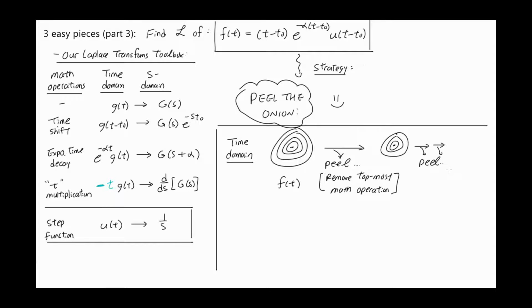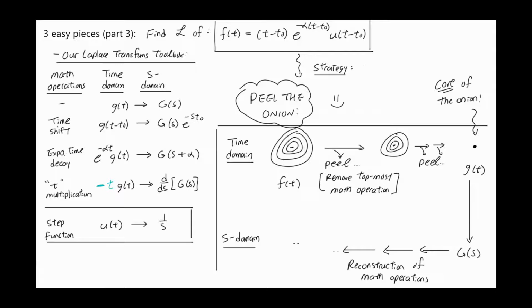You keep peeling mathematical functions off until you get to the core of the onion, the function g of t, which you can't strip down any further. Then you find the Laplace transform in the s domain, and there you back reconstruct the math operations that you deleted, so that you reconstruct the onion in the s domain. That gives you a Laplace transform pair, which will be your final answer to the problem.